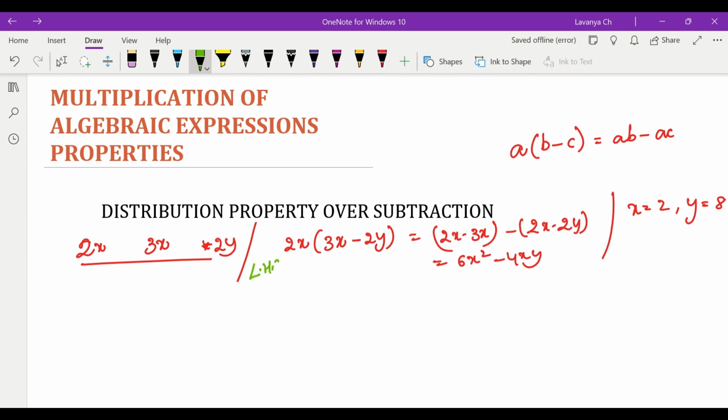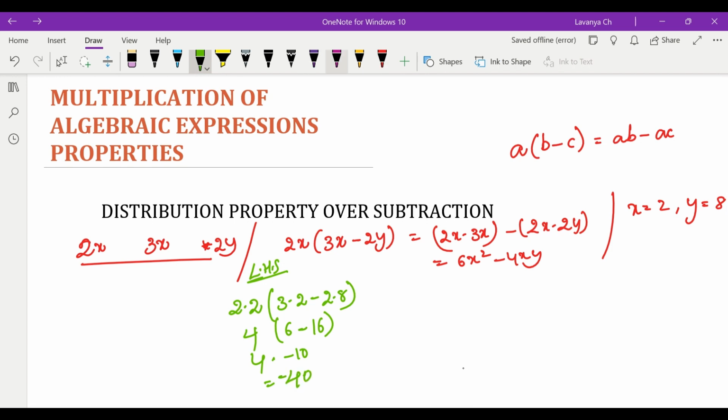If we substitute the values, 2 into x value is again 2, 3 into x is again 2, minus 2 into y value is 8. So 2 into 2 is 4, 3 into 2 is 6, minus 2 into 8 is 16. So 4 into (6 minus 16), which is minus 10. So this will give minus 40 as the value.